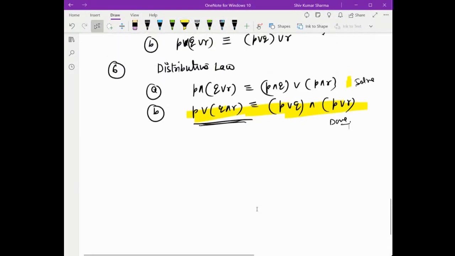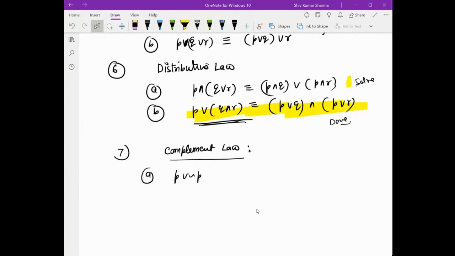Next, law number 7, complement law. Complement law has: A, P or negation of P is always equal to truth value T. B, P and negation of P is always equivalent to false value F. C, negation of true value is always equivalent to false value.